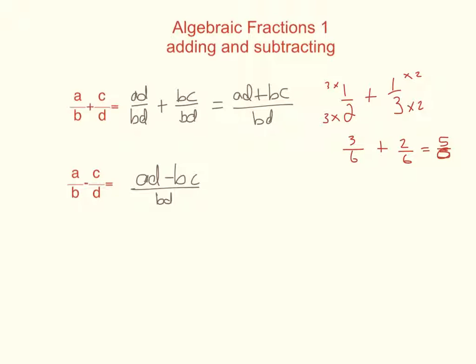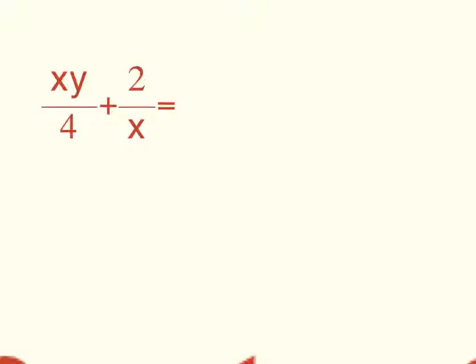Now, let's see if we can apply it to some problems. Here's my first problem. And in my first problem, I will work things out exactly the same way. I will take this x. I already know that the bottom is going to be 4x. And you don't have to wait for me, guys. You can pause the video and have a go on your own, okay? So I know the bottom is going to be 4x.